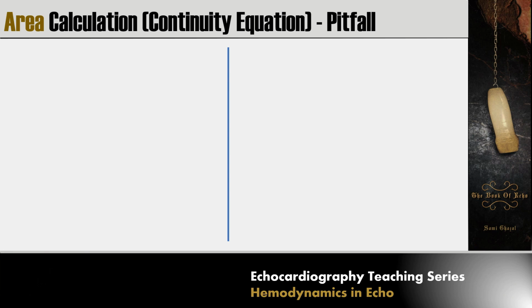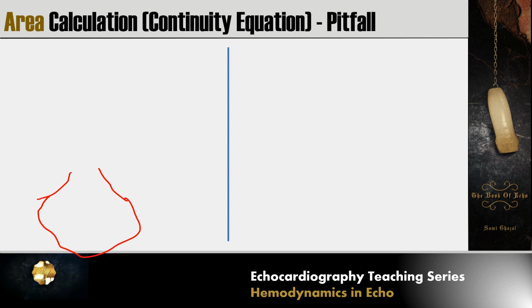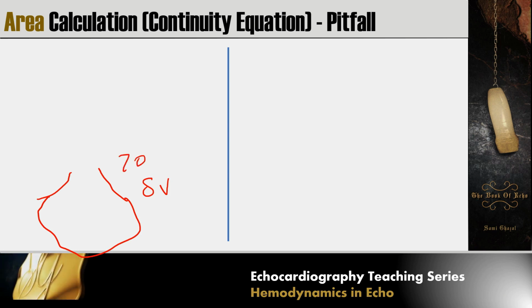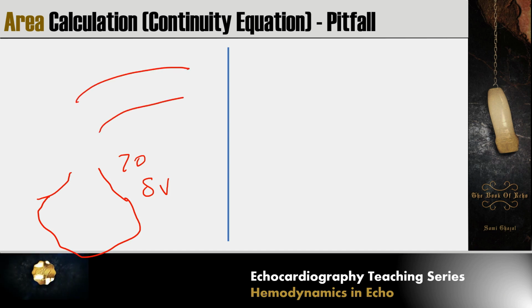Let's say now we have a mitral valve here, and this is the LA. So if we calculate the stroke volume of the mitral valve, the same way we have seen, let's say it is 70 ml, and if the mitral valve is competent, i.e. there is no regurgitation or no significant regurgitation at least, we know that 70 ml again will go through the aortic valve.